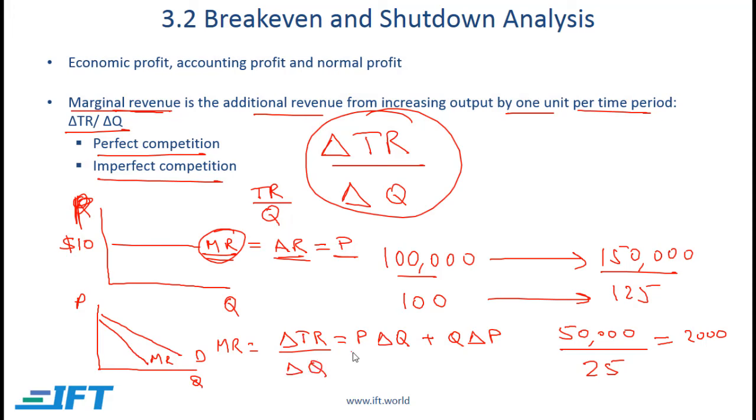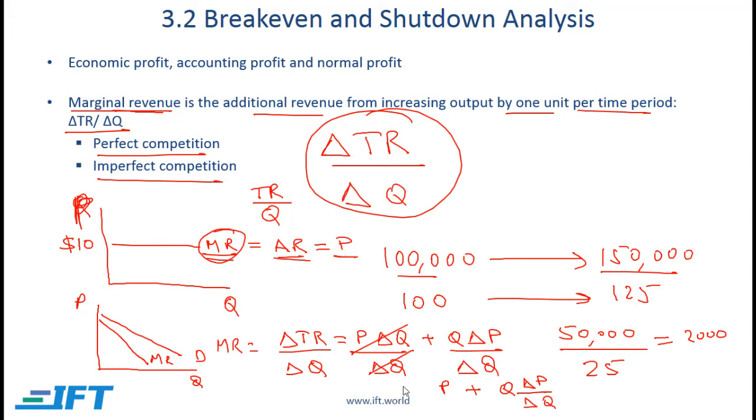So if we divide this by change in quantity, and this by change in quantity, what do we have? The change in quantity cancels out. So in this particular case, where we have imperfect competition, we can say that the marginal revenue is equal to price plus quantity times change in price over change in quantity. So here is another formula to remember.